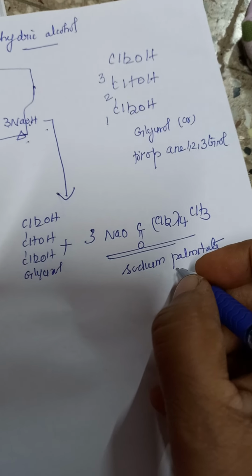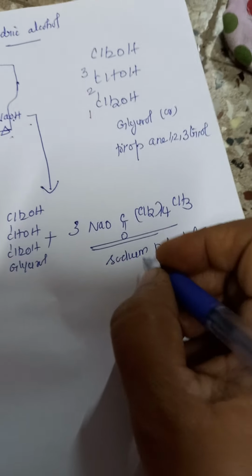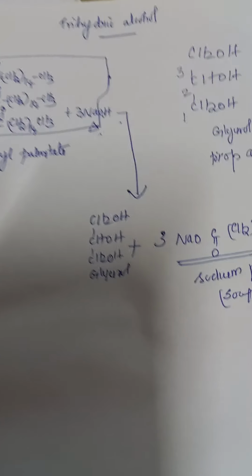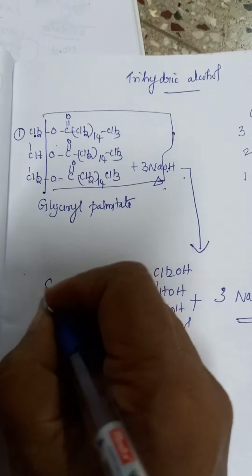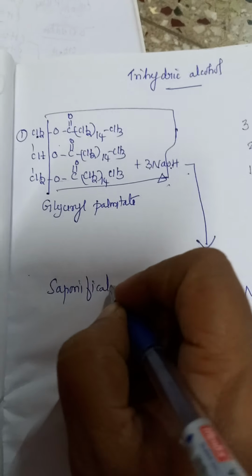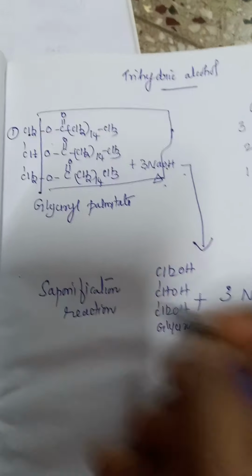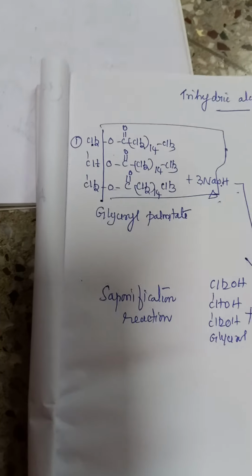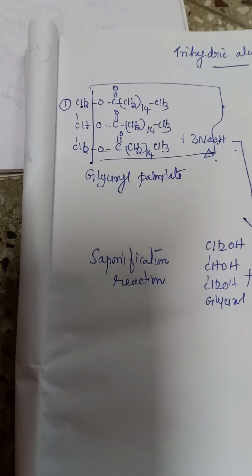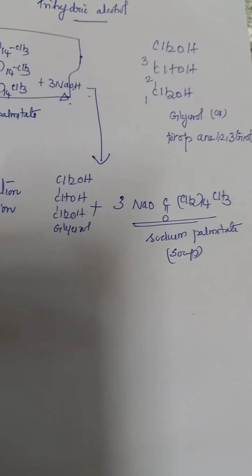That is the formula for soap. So this reaction is called the saponification reaction. Only one preparation: glyceryl palmitate with 3 molecules of NaOH giving glycerol plus sodium palmitate.